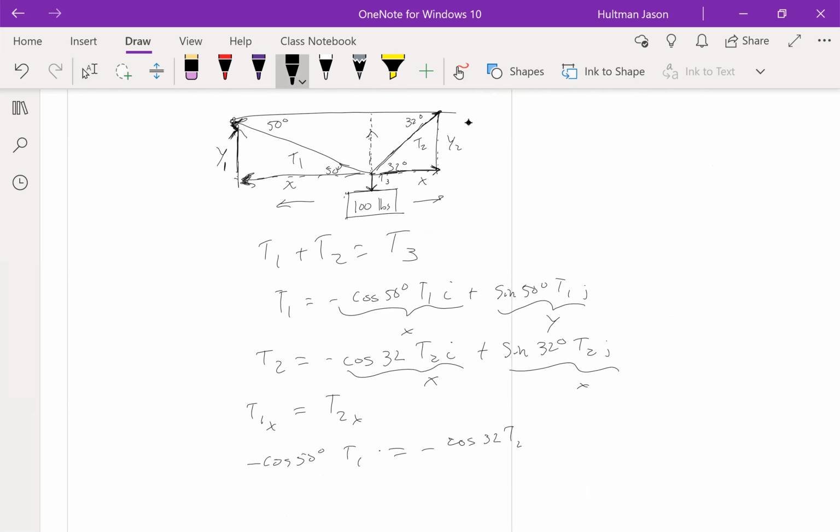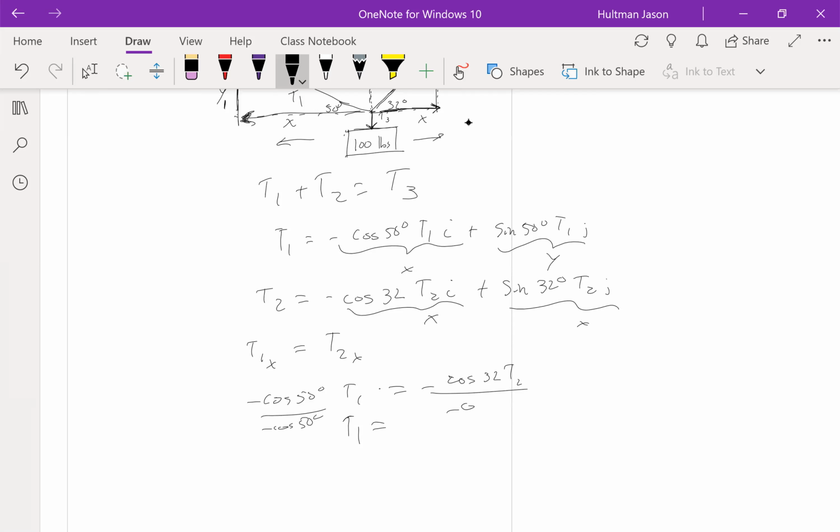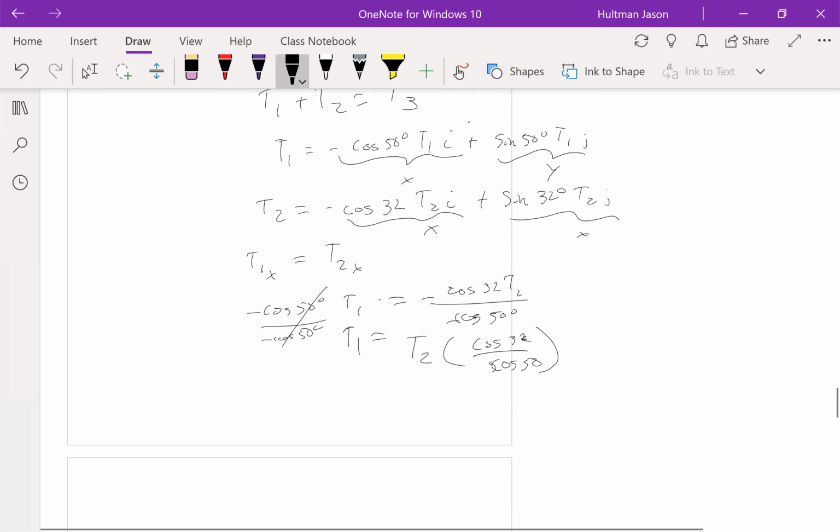So let's take T1 here and divide by the negative cosine of 50 degrees. You're going to see that we can set this up as a system of equations. This is cosine 32 over cosine 50, and that's my first equation.